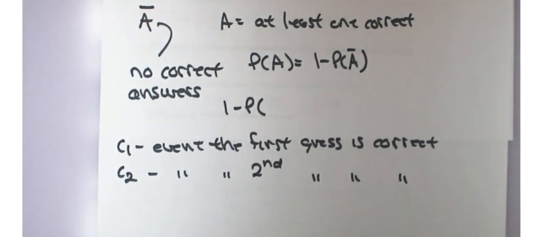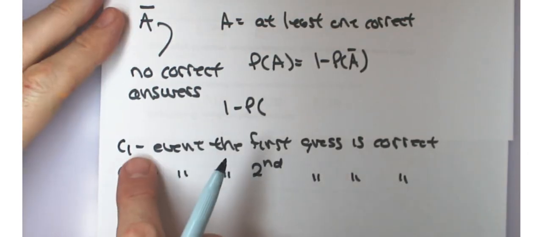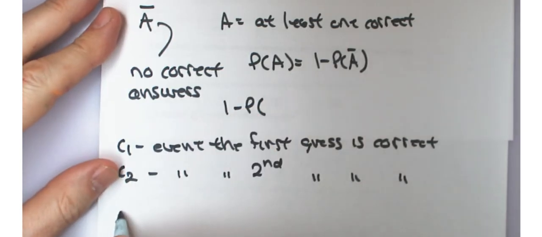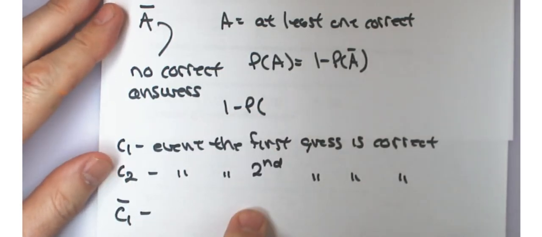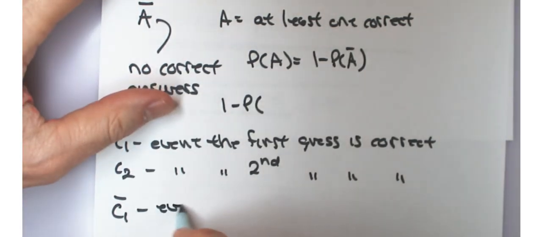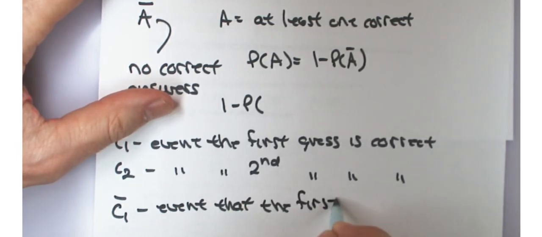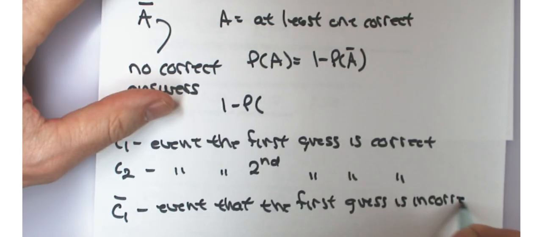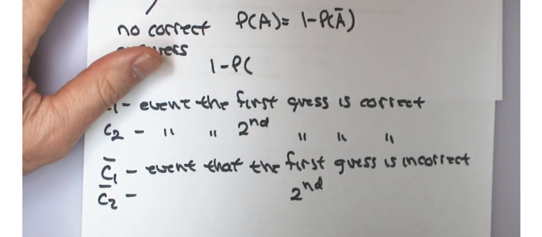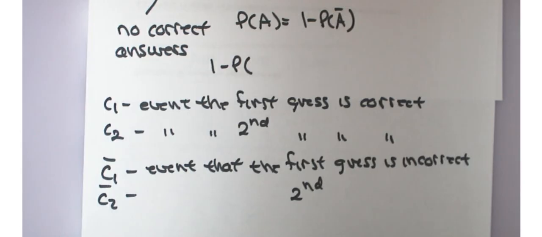So if C1 is the event that the first guess is correct, what's C bar 1 going to mean? Yeah, the event that the first guess is incorrect. And so on, C bar 2. I'm trying to be explicit about my notation so you can follow along here.